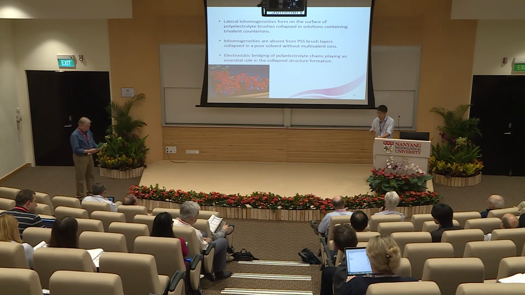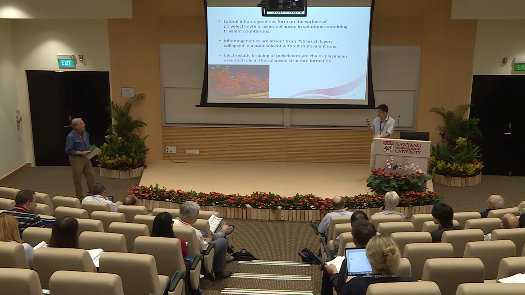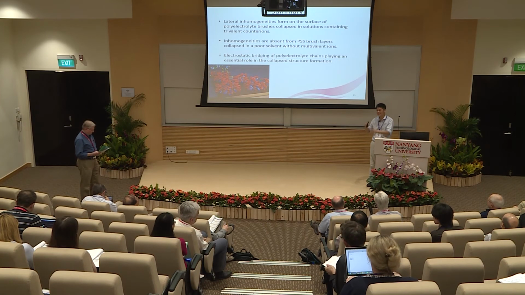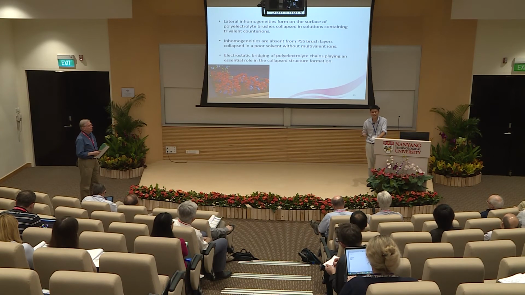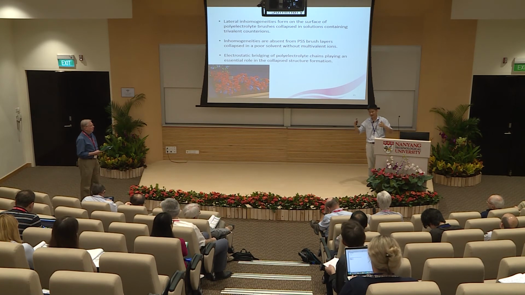Actually, very good question. One reviewer asked exactly the same question. Based on the size of the micelles, our aggregation number is fairly large, on the order of 10,000. You can also do a simple geometric argument because we know the size of the micelles, roughly 200 nanometers in diameter, and we know the area behind it.